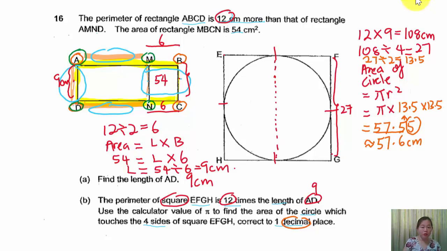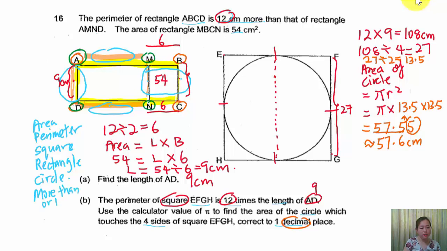Let's recap what we have learned. We learned the importance of area and perimeter of square, rectangle, and circle. We also learned about more than or less than, to check for the extra length, and the secret is actually looking for double color and single color that do not share the same length as the other rectangle.